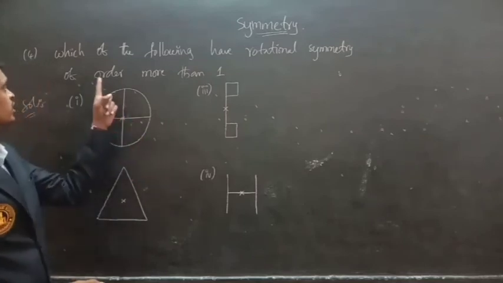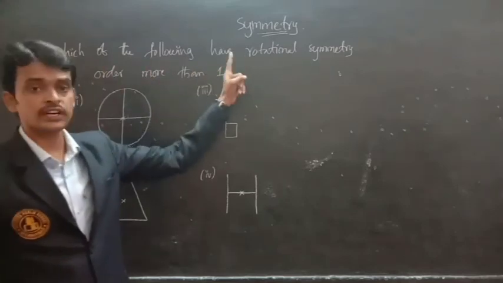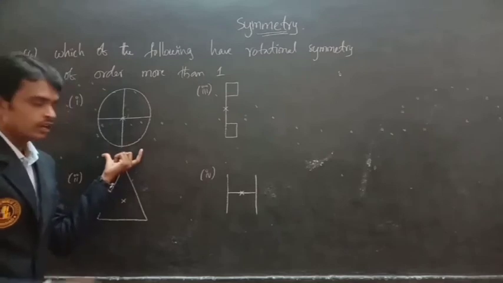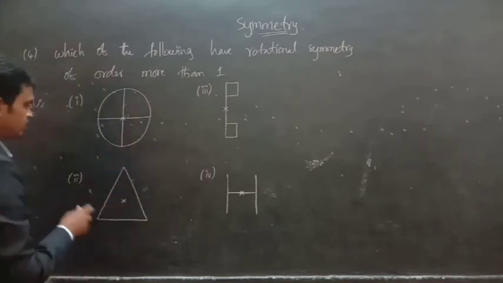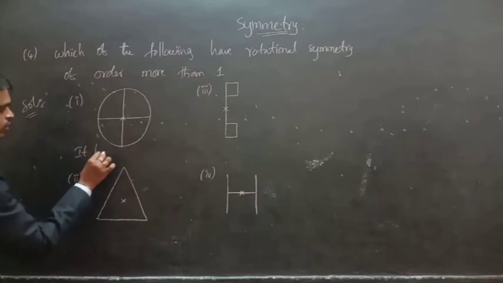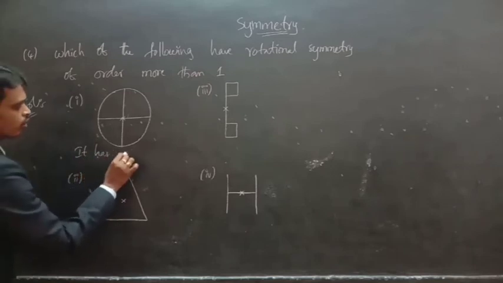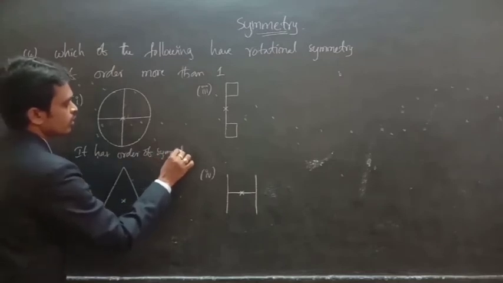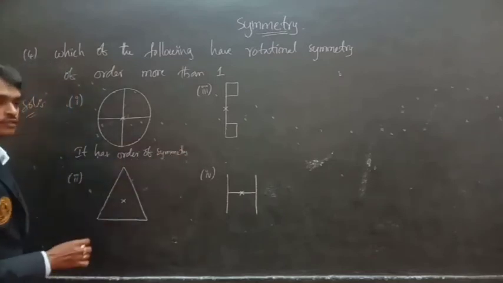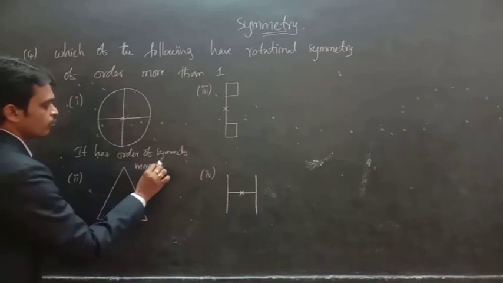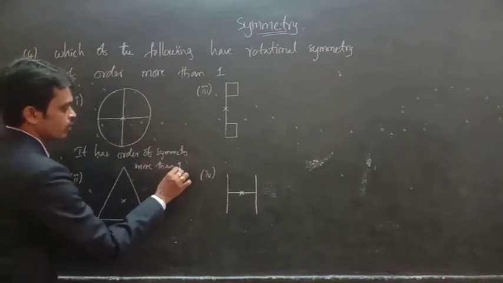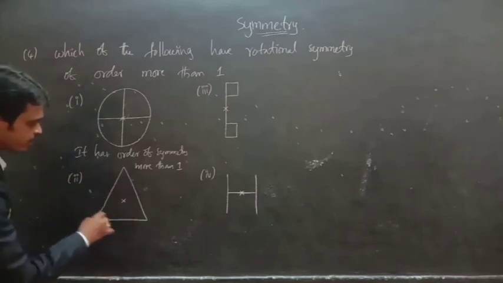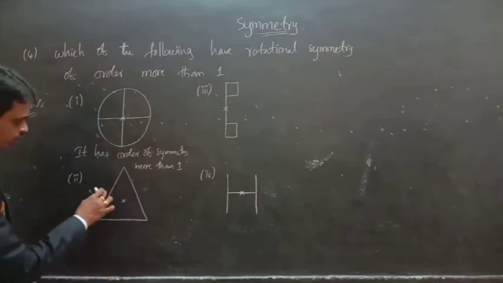Then what they are asking is which of the following figures have rotational symmetry more than 1? Then this figure has a rotational symmetry of order more than 1. And second problem, same over here, the triangle. All sides of the triangle are equal.